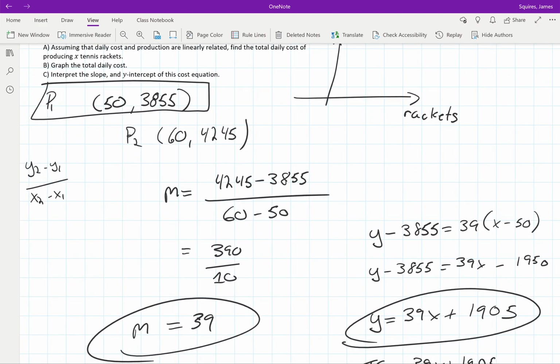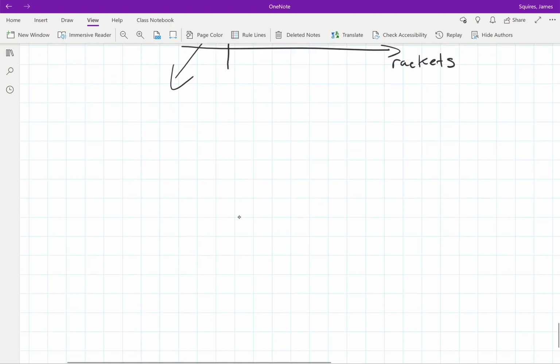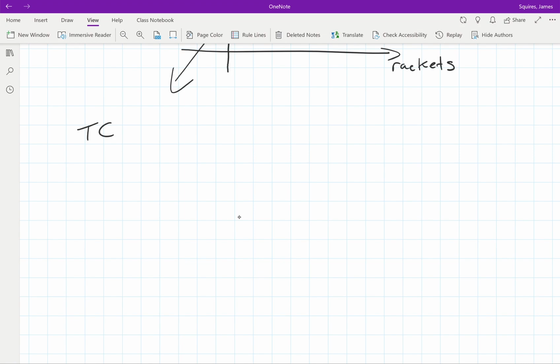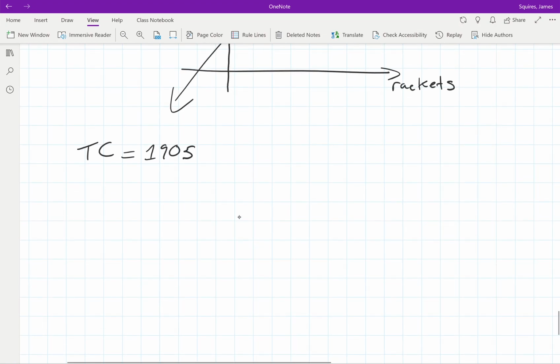Part C, interpret the slope and y-intercept of this cost function. So remember, we have total cost equals 1905 plus 39x, where x represents the total number of rackets.